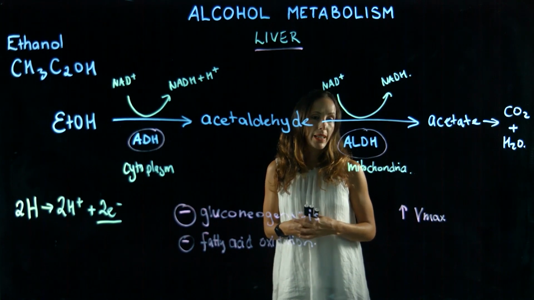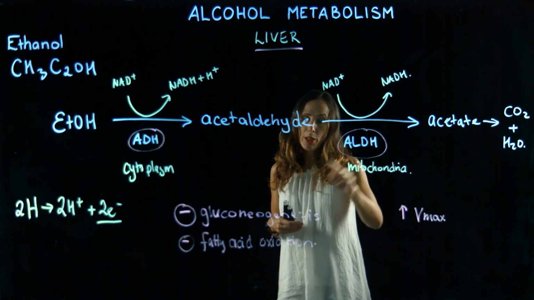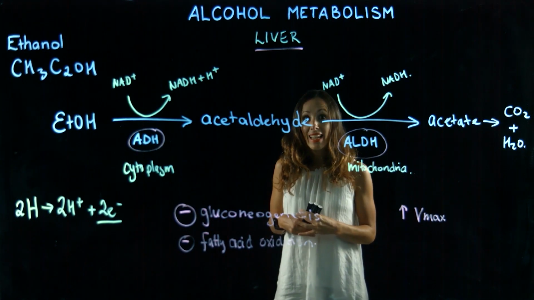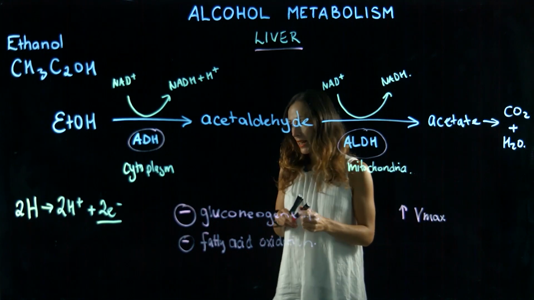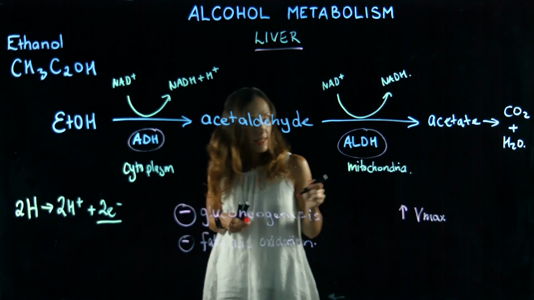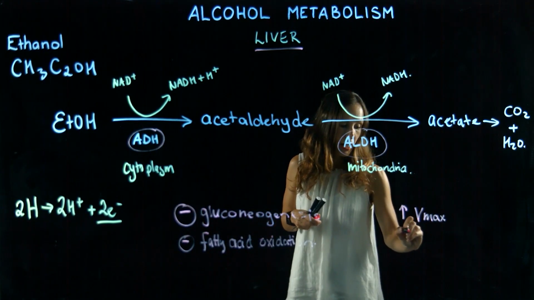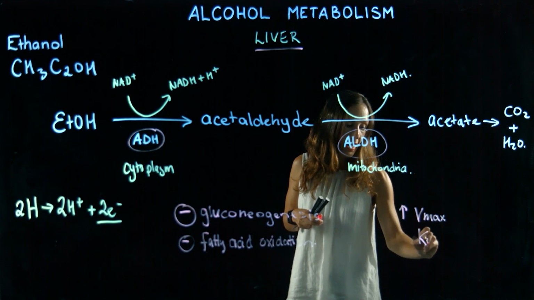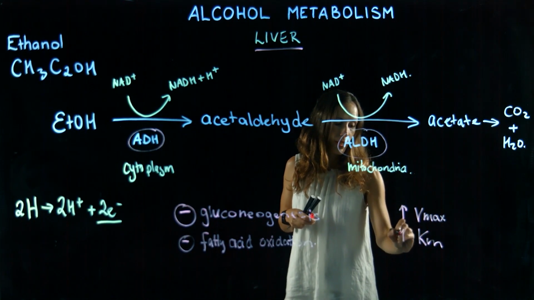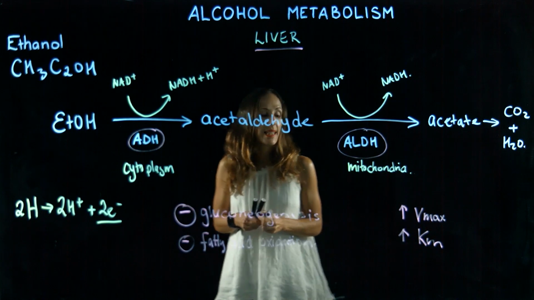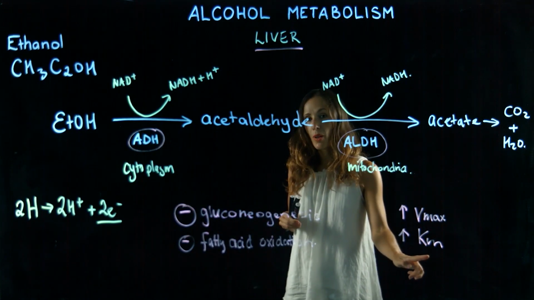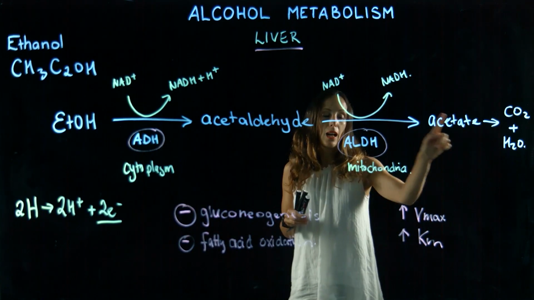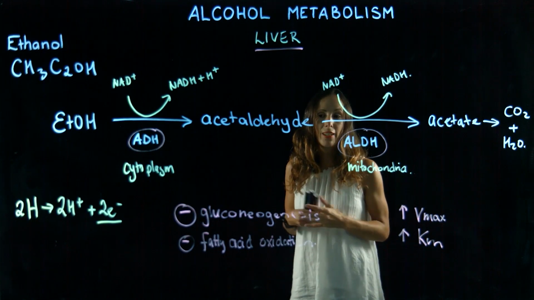There's another variant where we have a mutation in ALDH, and this means that the enzyme has an increased Km. That means it needs a higher concentration of the substrate, acetaldehyde, in order to obtain significant catalysis.